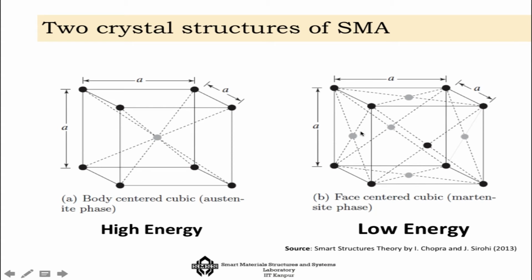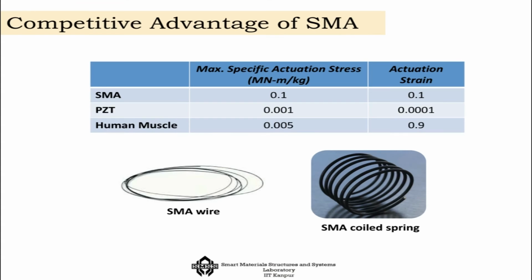So this is the crystal structure of SMA, and why we go for SMA is that you get a large actuation stress, say for example something like 0.1 meganewton meter per kg in comparison to PZT.